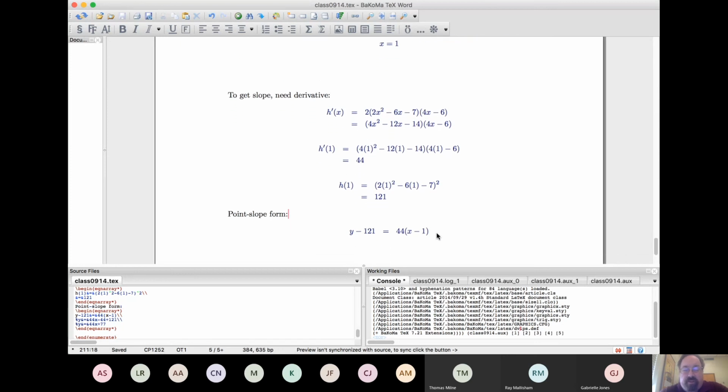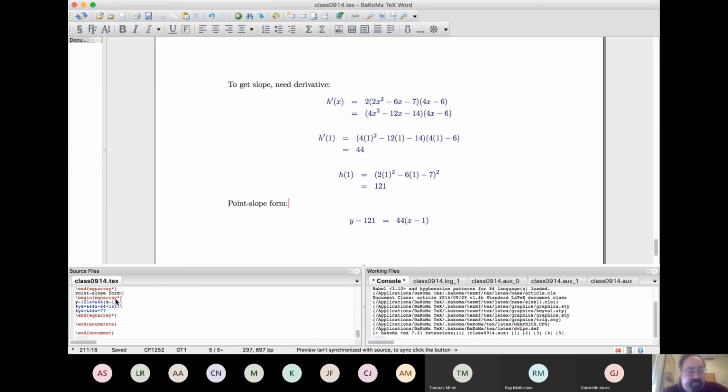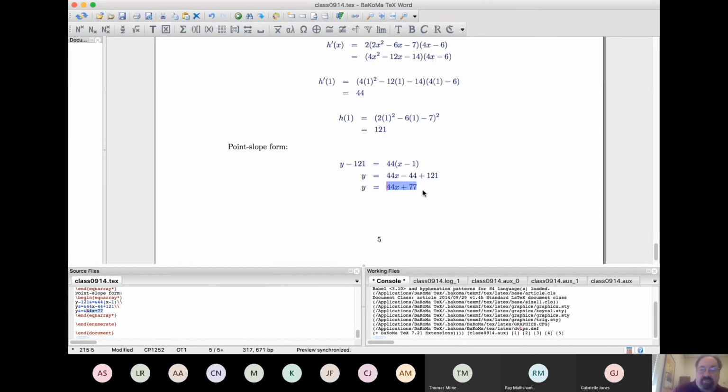Now here you actually do have the equation of a line, but Hawks wants it in y equals mx plus b form, or we may have a prompt that says y equals. So we rearrange with 121 over here, multiply through the distributed slope through the x minus x value, and then go ahead and combine everything, and then you're done. So this is what you enter as your final answer, the 44x plus 77.